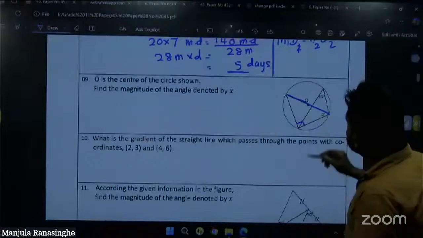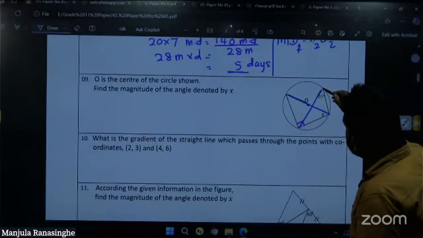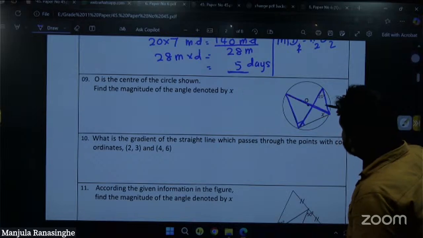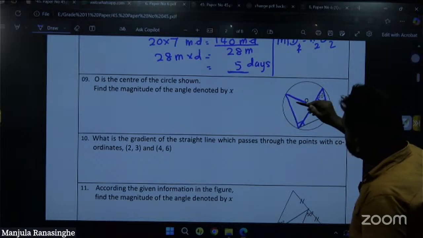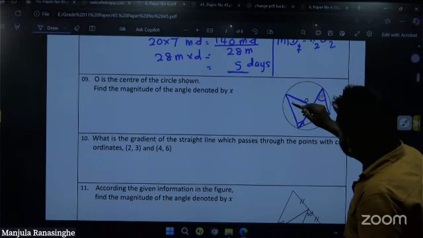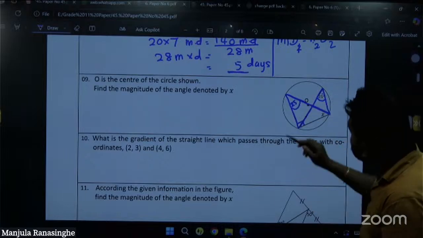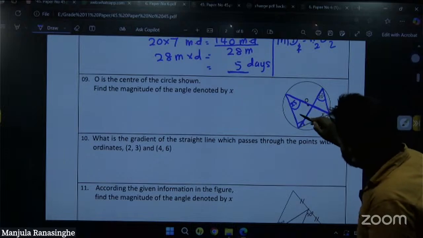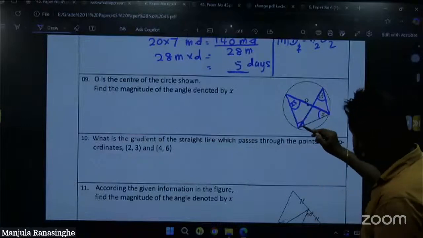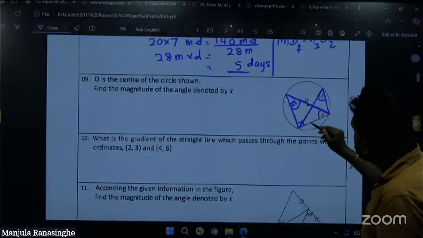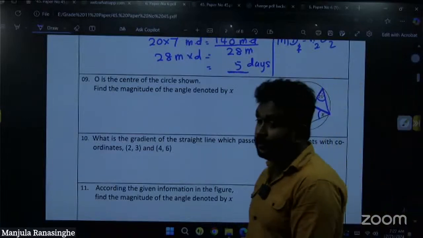Now you can see further this 25 and this angle are the same segment angle, this one and this one. So here 25, which means here also 25. Now you can see this triangle: here 90, here 25, here x. That means this is a right angle triangle, all angles adding to 180.